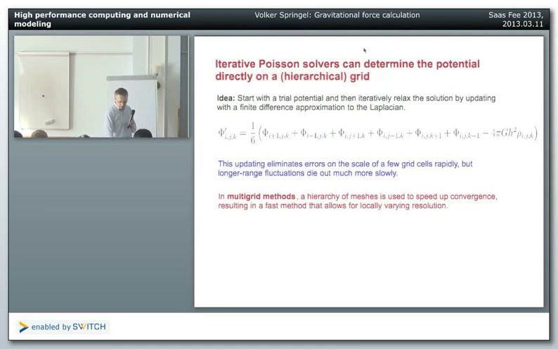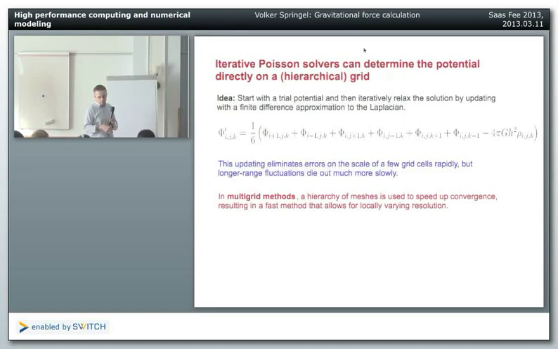And what multi-grid methods do, and I will probably come back to this later in the week, is they use a clever idea that you can use a hierarchy of meshes to avoid this problem. What these techniques do, in a sort of inverse, is take this fine mesh and first of all restrict this to a coarser mesh, and then maybe yet to a coarser and coarser mesh until you have only a couple of cells.